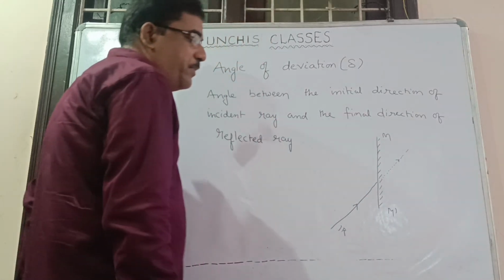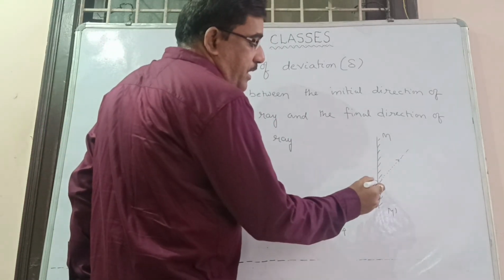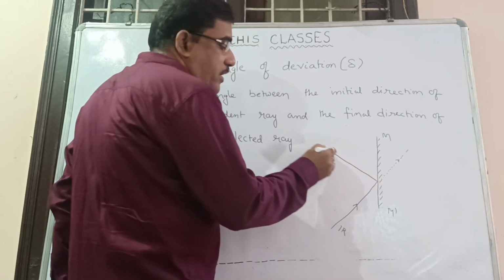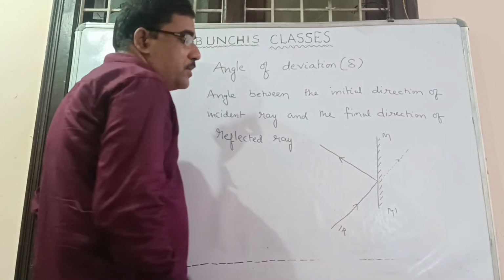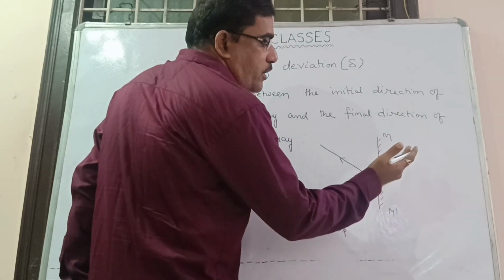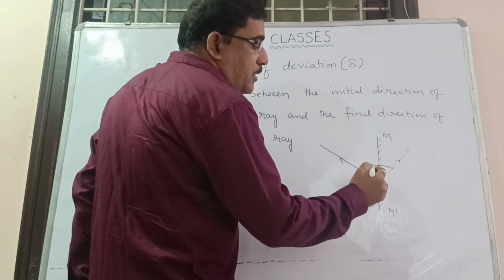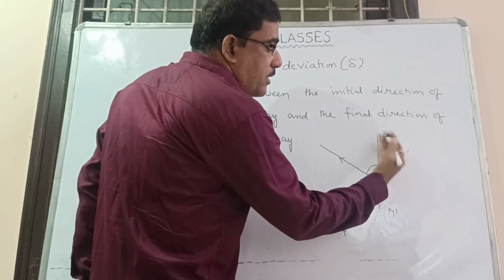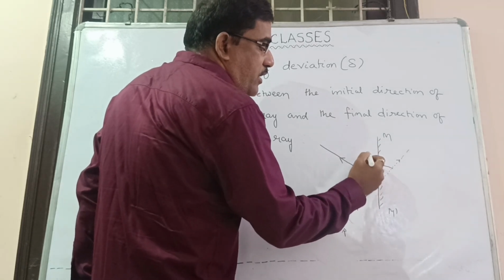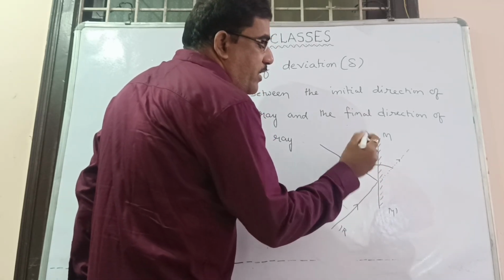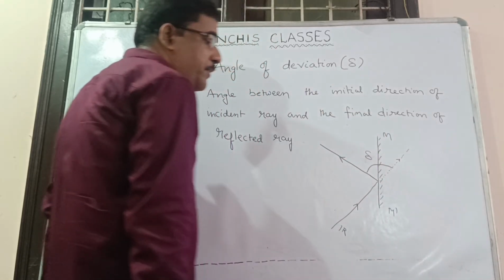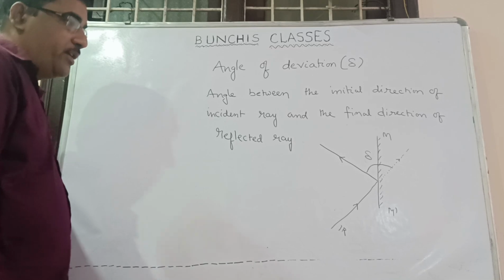But due to the placement of mirror M dash, the mirror reflects this incident ray in this way. So the incident ray which had to go in this direction has taken a deviation. This deviation has taken place due to the mirror. So this deviation is called the angle of deviation delta. Okay, this is the angle of deviation.